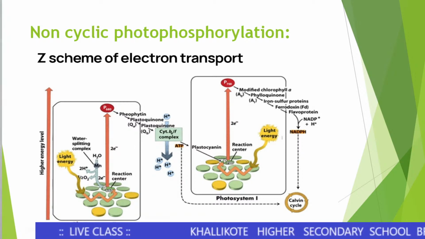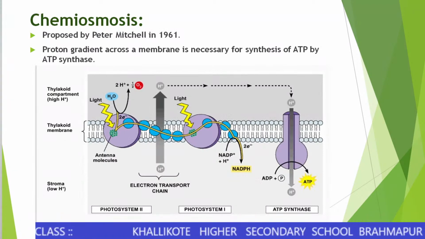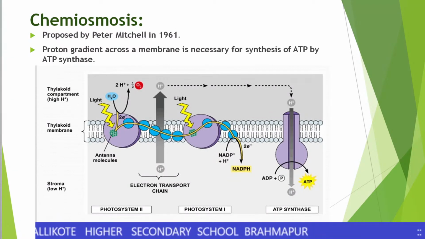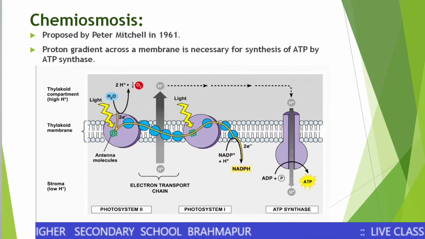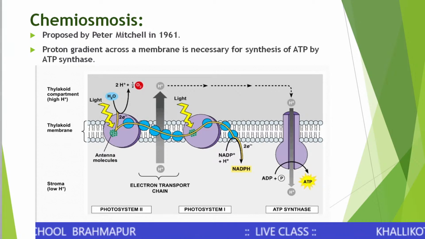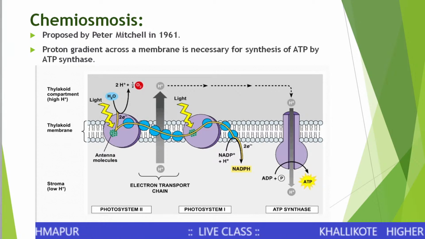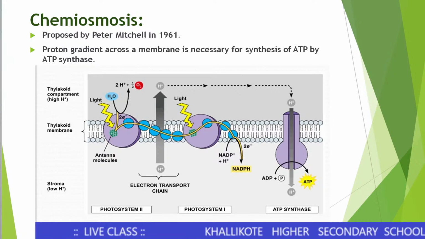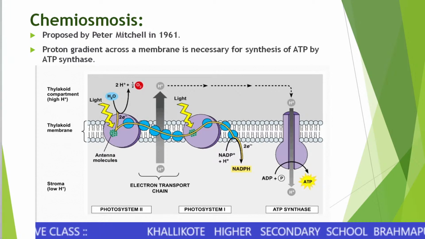And how is the ATP molecule actually synthesized during this process? The movement of electrons is coupled with the synthesis of ATP. But the synthesis of ATP is not a direct process as seen in the cyclic and the non-cyclic photophosphorylation.